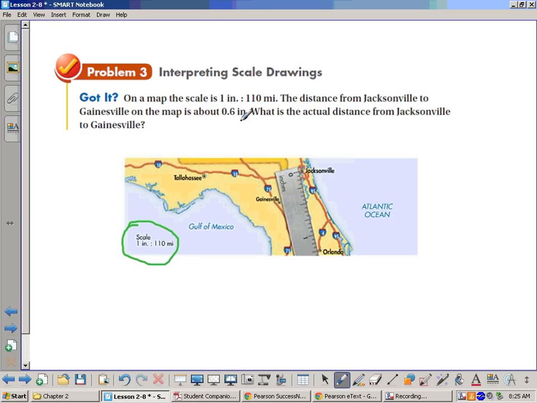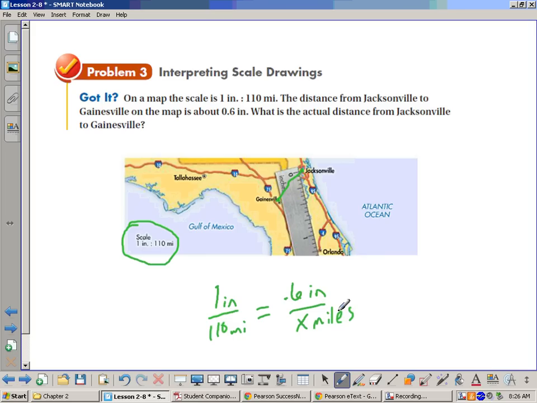And what we're going to be doing is the distance from Jacksonville to Gainesville on the map. So here is Gainesville, here is Jacksonville, and what they're saying is this distance right here is 0.6 inches. So we're going to use this idea of a scale, and we're going to set up a proportion. So 1 inch and 110 miles, we can set that up with the 0.6 inches that we know and what we're trying to find in miles.